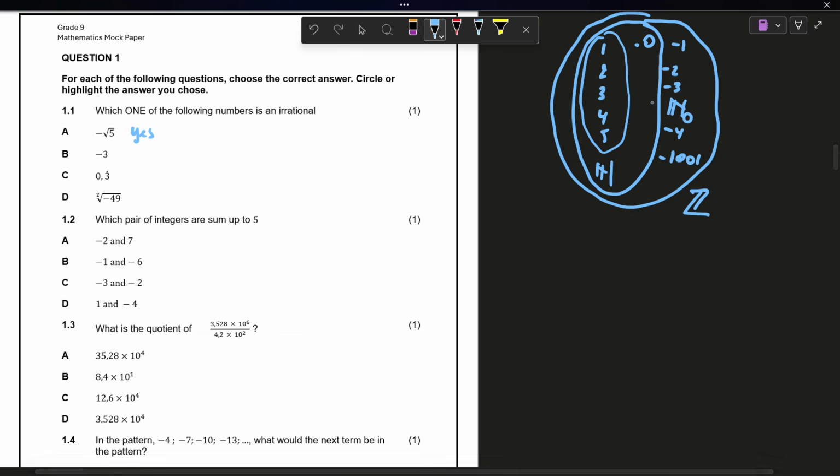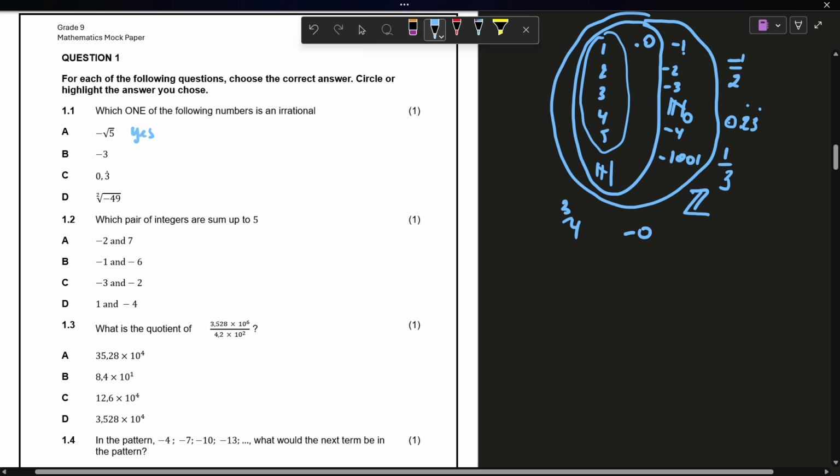When you divide integers, when you build a fraction with integers, let's say minus 1 over 2, I took an integer here, which is minus 1, and I took 2, another integer, so I made a fraction. Or a recurring number like 0.23 recurring, or 3/4, or minus 0.5, which is minus a half.